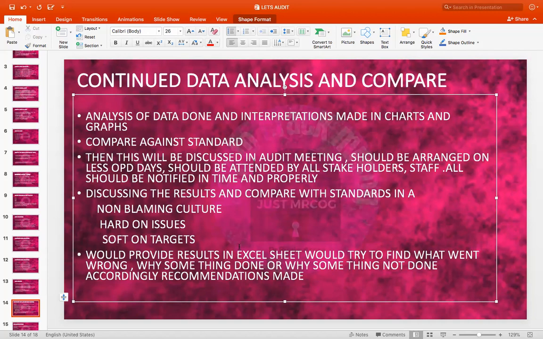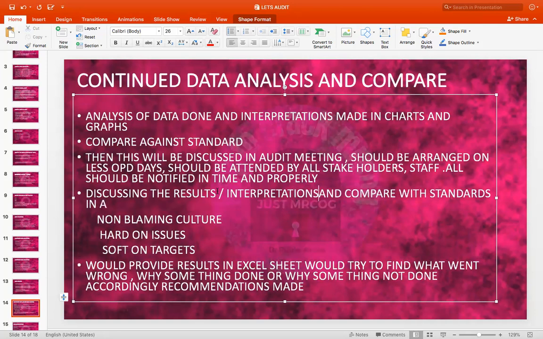Very important: while discussing the results or interpretation and comparing with the standard, I know that everybody is aware of this, there are three important buzzwords.